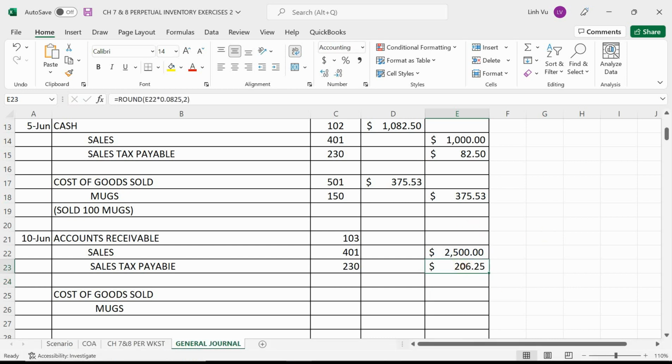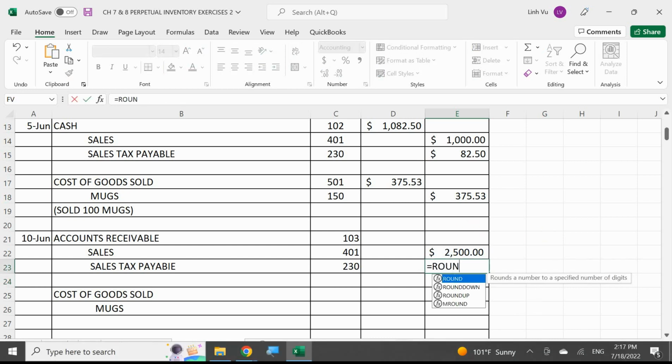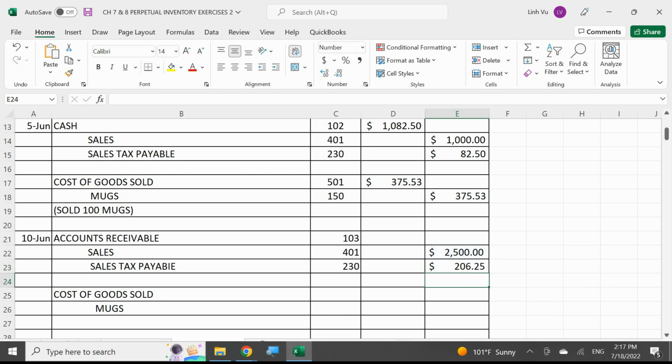Let me double check my formula real quick. I did equal round 2,500 times 8.25%, and I got 206.25. So in grand total, how much does customer A actually owe me now that I charge them full price? $2,706.25. That's how much money they owe me.